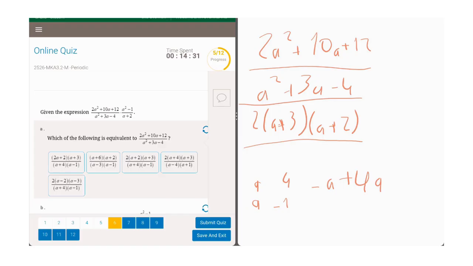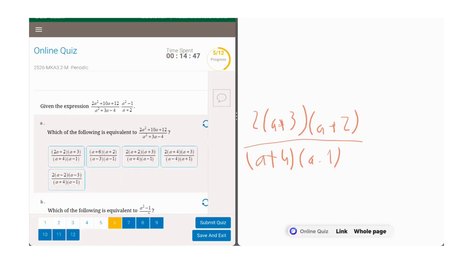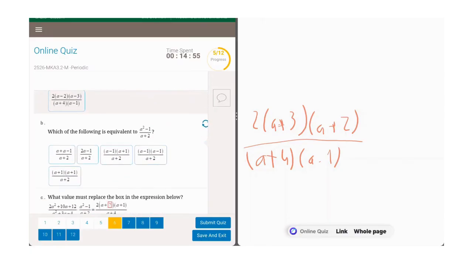So we're left with a plus 4 and a minus 1. So that will be the answer to the first part of the question. 2 into a plus 3, a plus 2, over a plus 4, a minus 1.